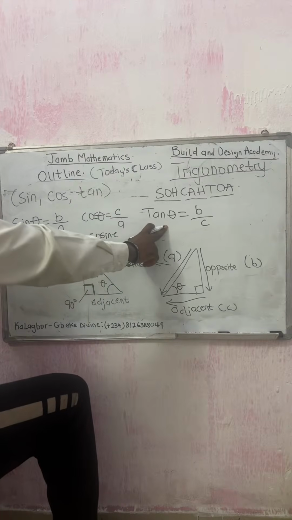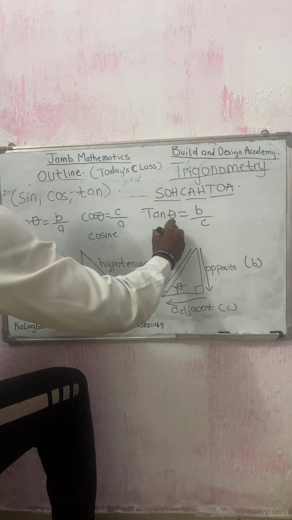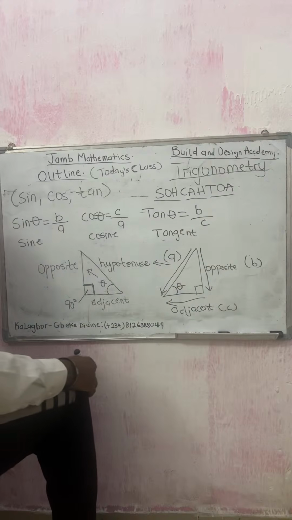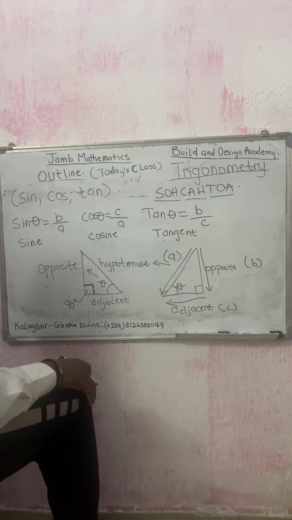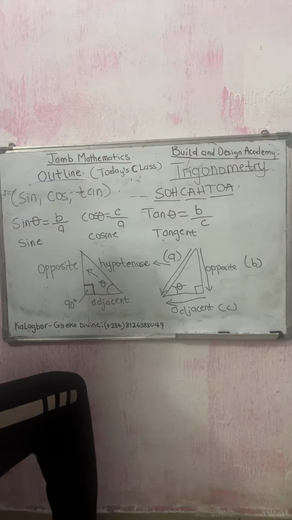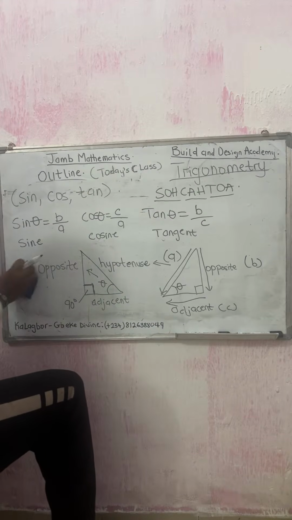And tan is the short form. The full name is tangent. Tan-gent. So now I can clean this part and explain more for you.